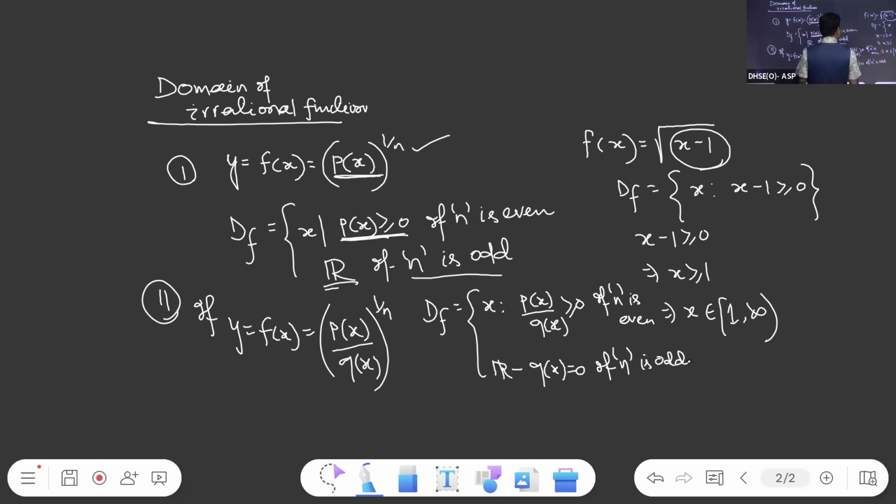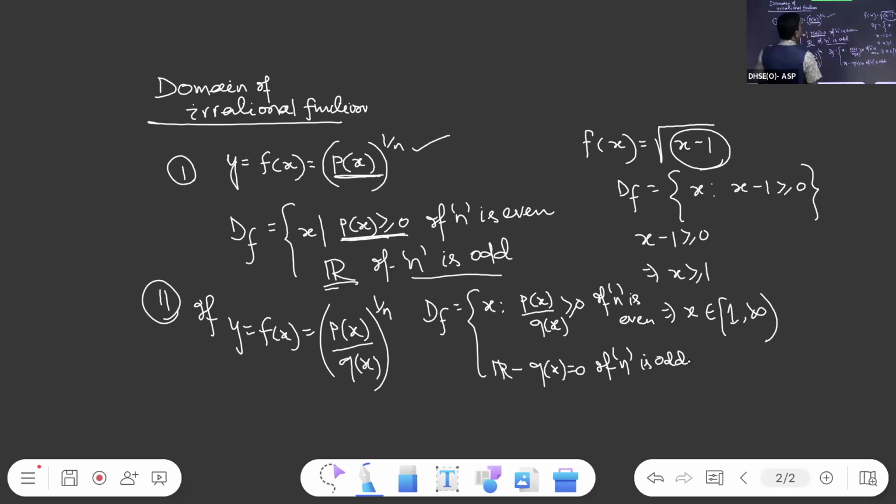Clear? The under root expression, if n is even, should be positive. Otherwise you will get an imaginary value. Right? Is it clear? Write in the chat box.